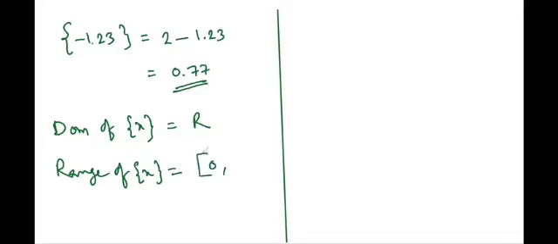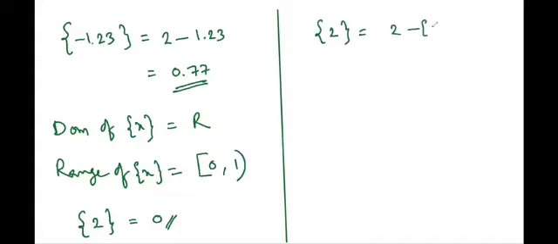Always a fraction means it is closed at 0, open at 1. This is the range. So fractional part of any integer, fractional part of 2, is 0. Reason is fractional part of 2 is 2 minus step 2, so it is 2 minus 2, that's why 0. This is the domain and range of fractional part of x.